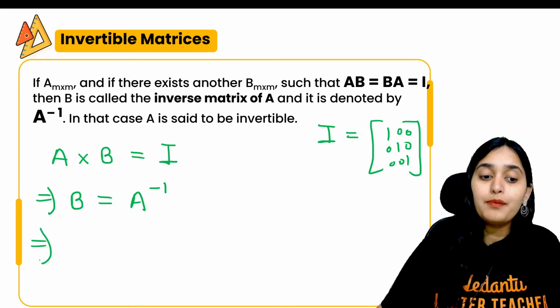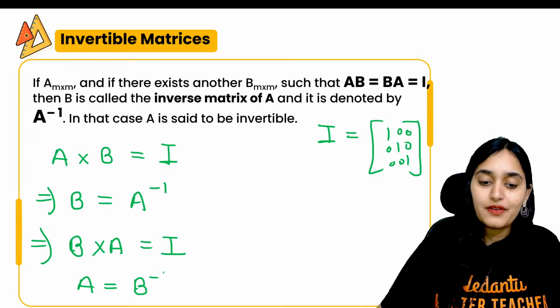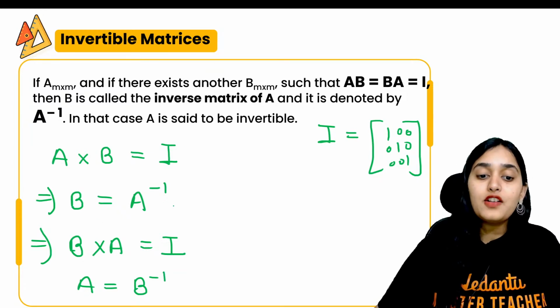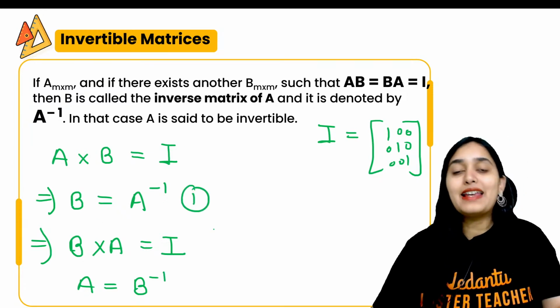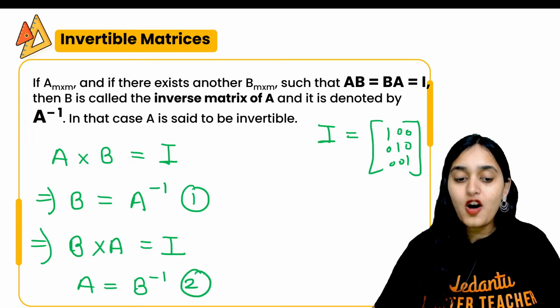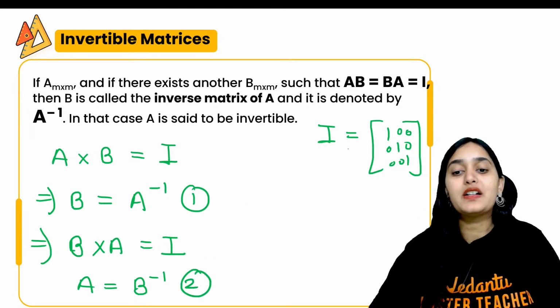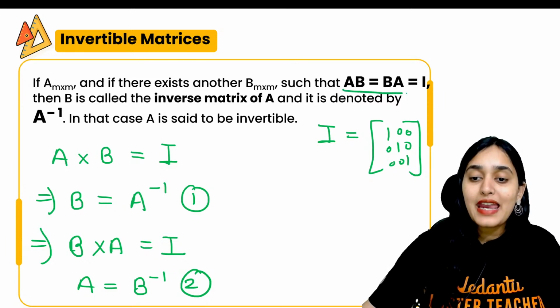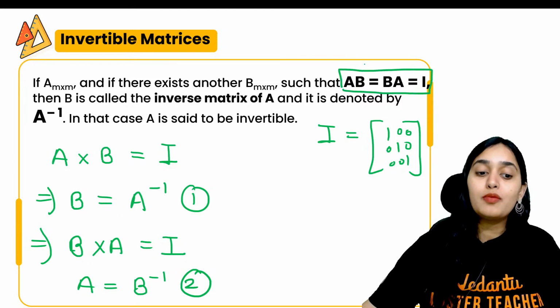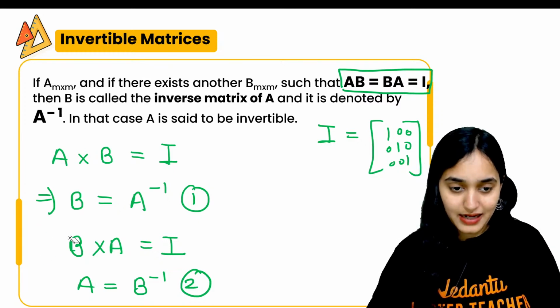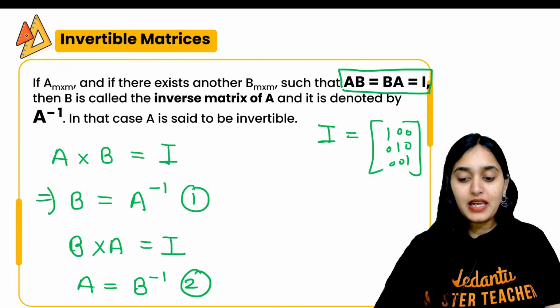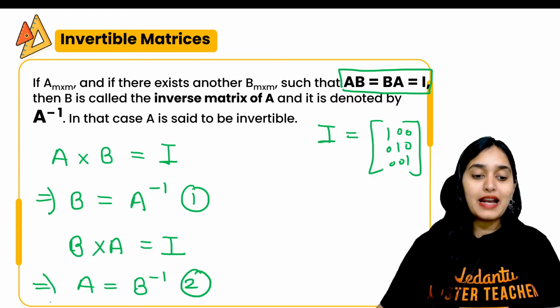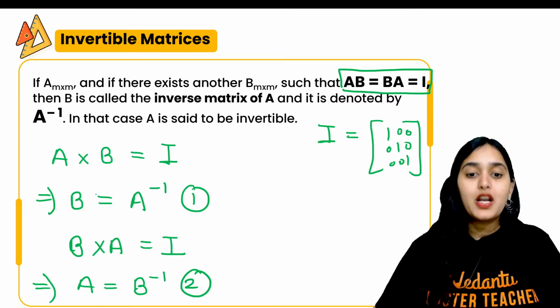It also implies that B into A will be equal to I and A can also be called B inverse. So first of all, B matrix is A inverse. Second of all, A matrix is B inverse because the condition is AB and BA should both be equal to the identity matrix.